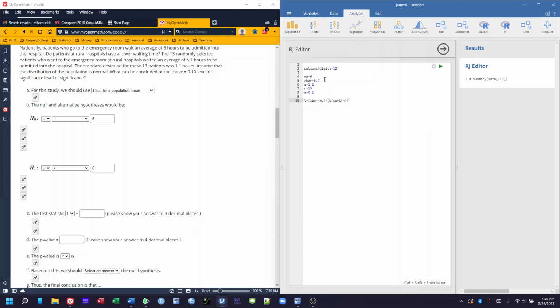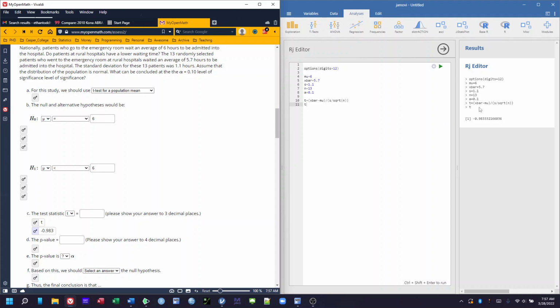That will give me my t statistic. I can just put t down there, and then it'll kick it out in my RJ editor. Let's play this real quick. And I get negative 0.98. Let's just make sure that I get this, 0.983. Okay, perfect. So I got my t statistic.